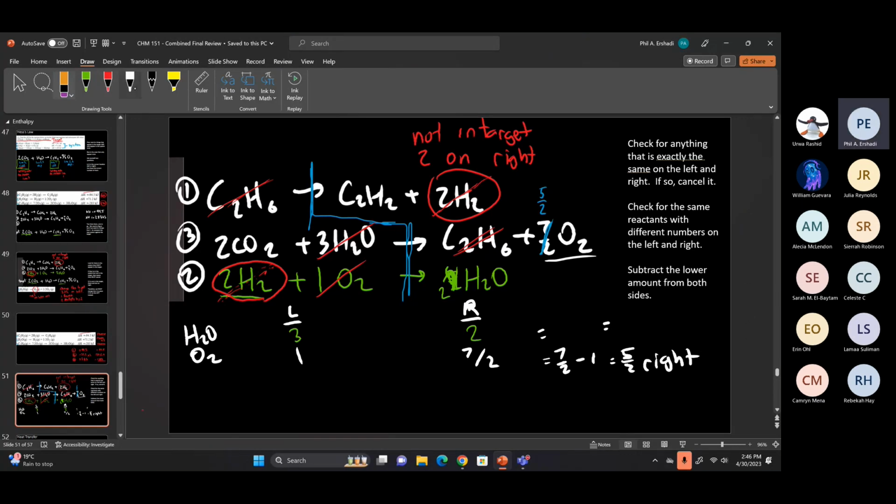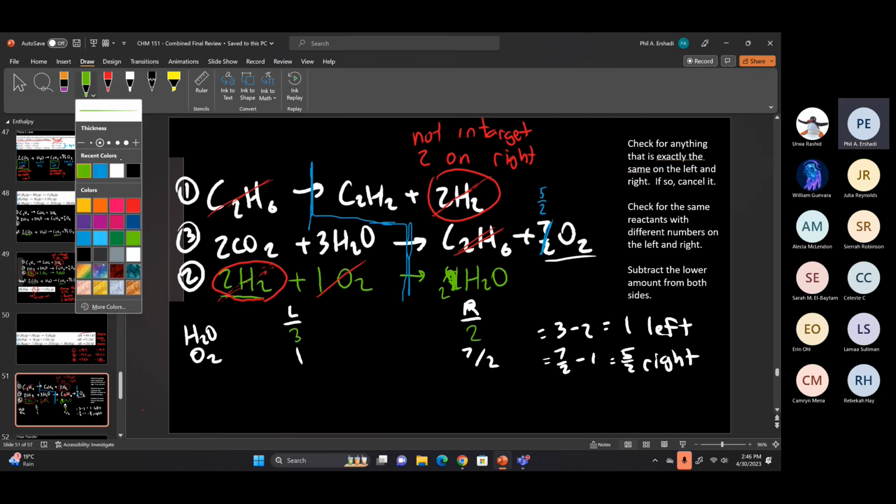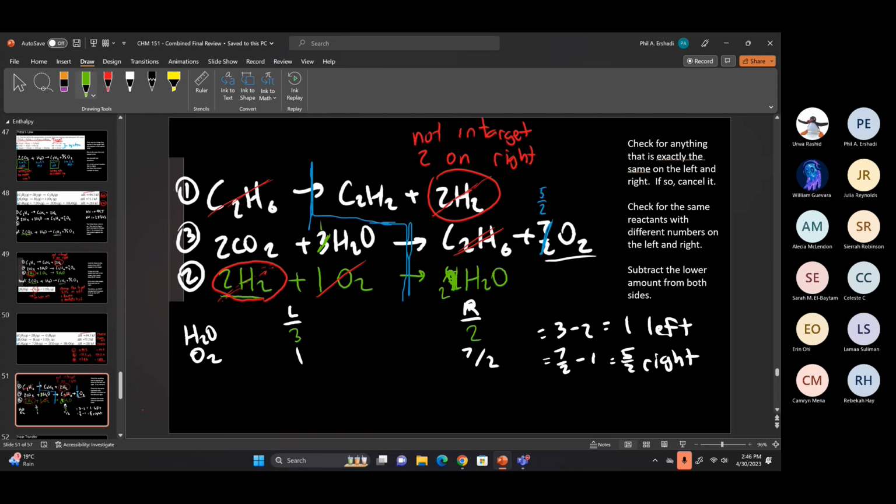This should have been 3 minus 2, leaving us 1 water on the left. So this becomes 1 water, and this water cancels out.